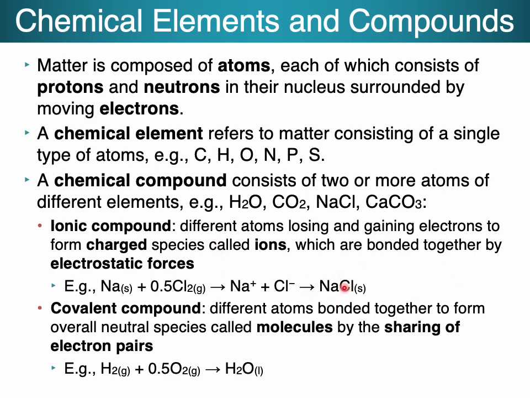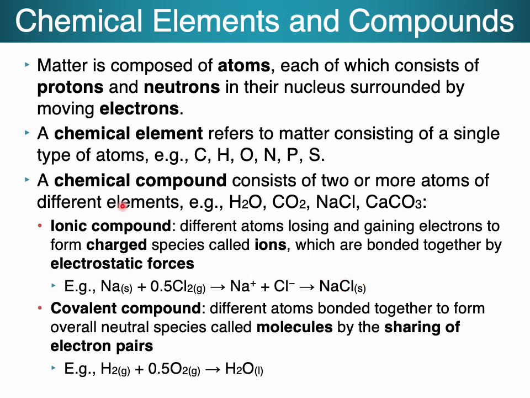For instance, table salt, NaCl, is formed by sodium losing an electron to chlorine, forming a sodium ion, which is positively charged because it has lost an electron, and also a chloride ion, which has gained an electron and thus is negatively charged. These two, one positively charged, one negatively charged, have strong attraction to each other, forming a very strong ionic bond, making sodium chloride.